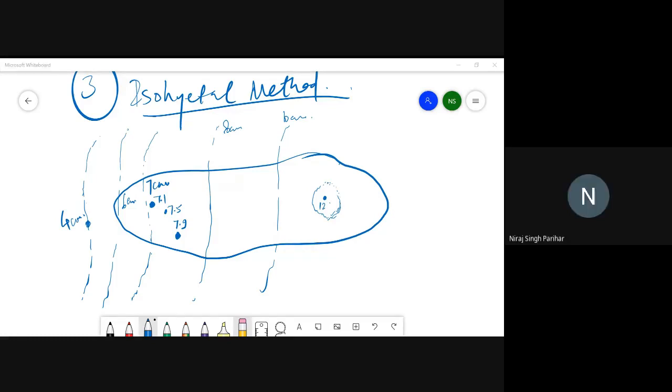Anyways, so that might be a particular area which is getting an extraordinary rainfall, maybe 12 centimeter or something, right? So on that basis, we calculate the area which is contained by each contour, right?